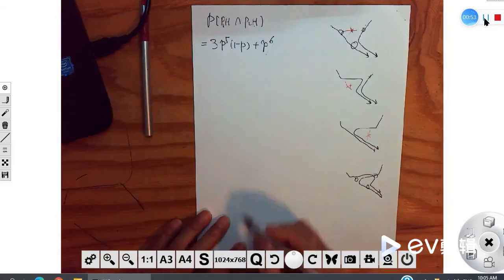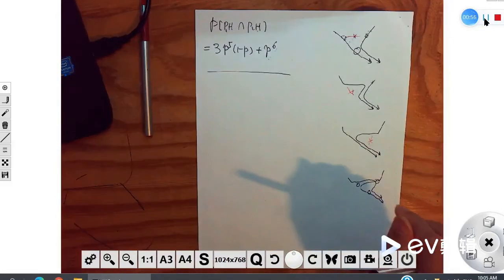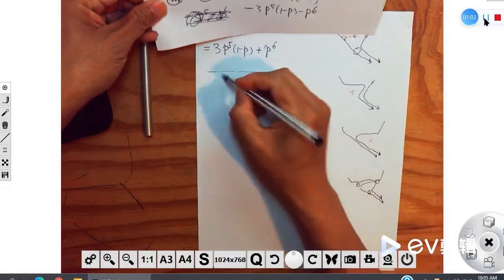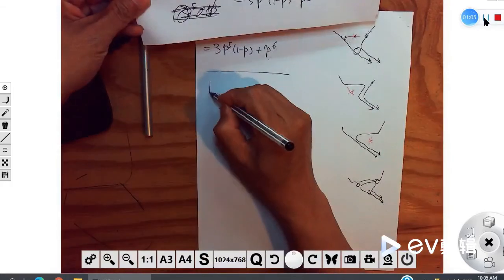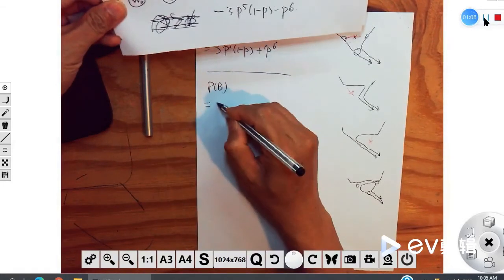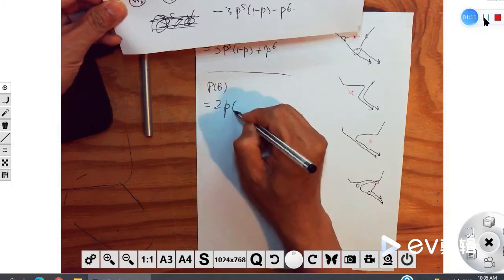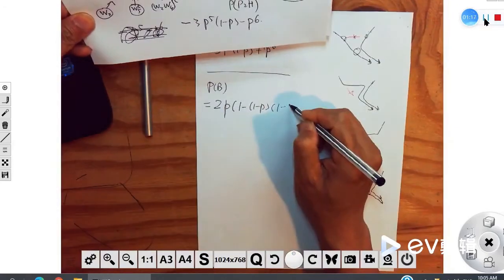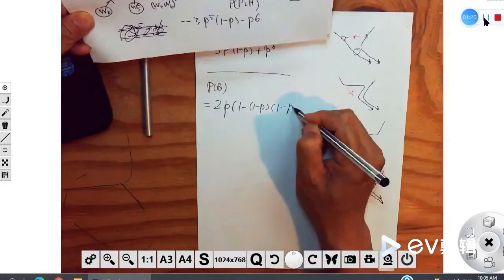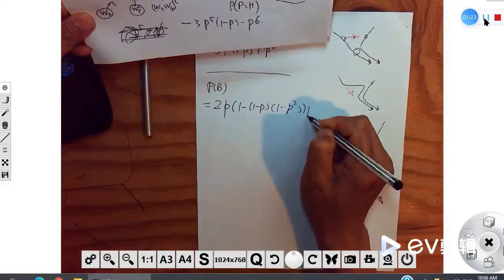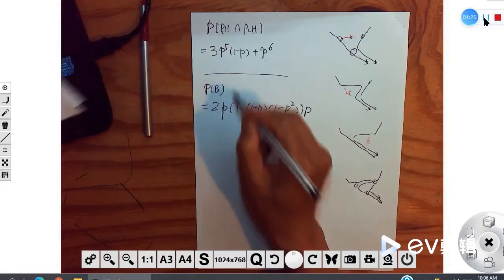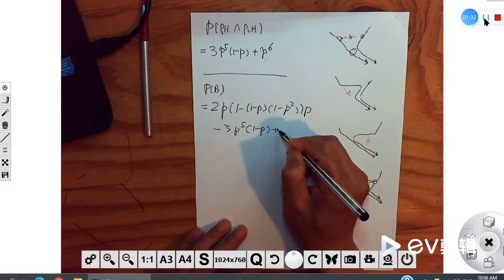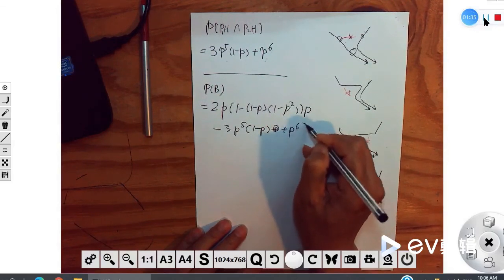All right. Then the final answer, that will be, okay, let me copy from here, is P, okay, PB will be 2 of that, that's the same, P times 1 minus P and 1 minus P1, P2, or P1, P2 are the same thing, P squared, so P squared times P. And here, the minus this, minus 3, P to the fifth times 1 minus P plus, okay, plus is also fine, P to the 6, right.